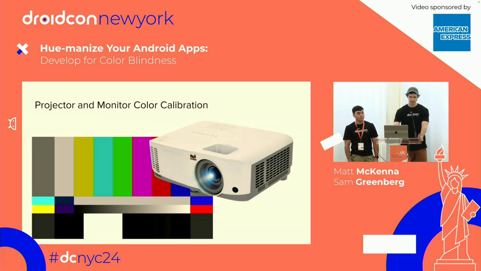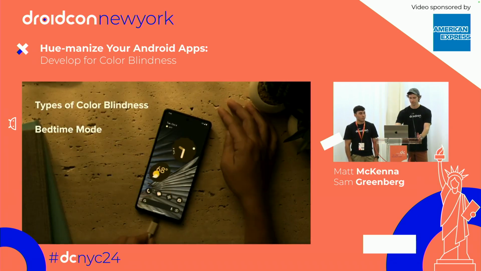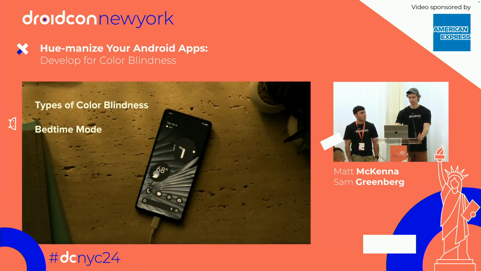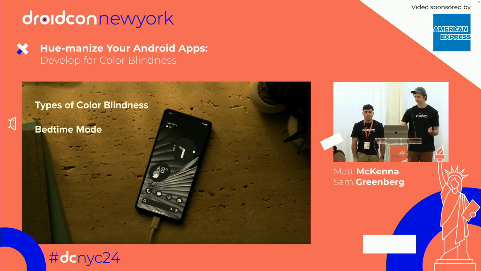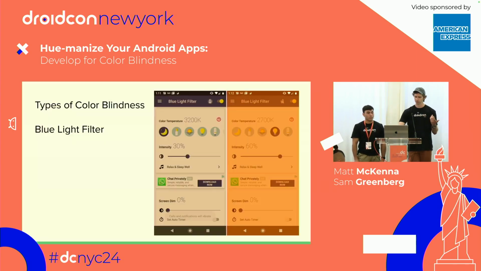There are Android features that do this. One, namely, is bedtime mode, which will make your whole device grayscale. If you want to take a glance at something or read a message, you want to make sure that your users are still able to access that information. There's a big movement for blue light filters in the last few years for people who want to preserve their bedtime or afternoon computer use.